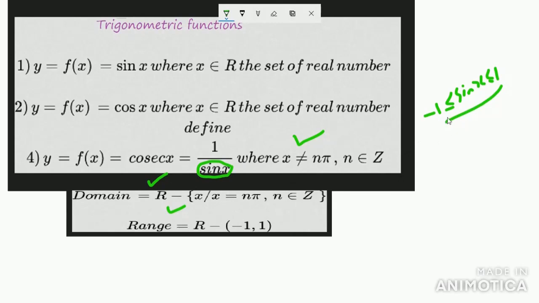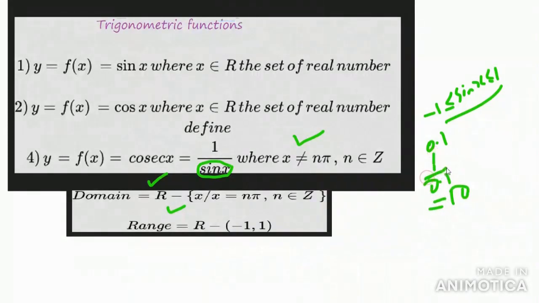If you take the reciprocal of this, for example, take sin x as 0.1. The reciprocal of this is 1 by 0.1, and 1 by 0.1 is equal to 10. Therefore, you can observe the reciprocal of a number which lies between 0 and 1 will take a value greater than 1.